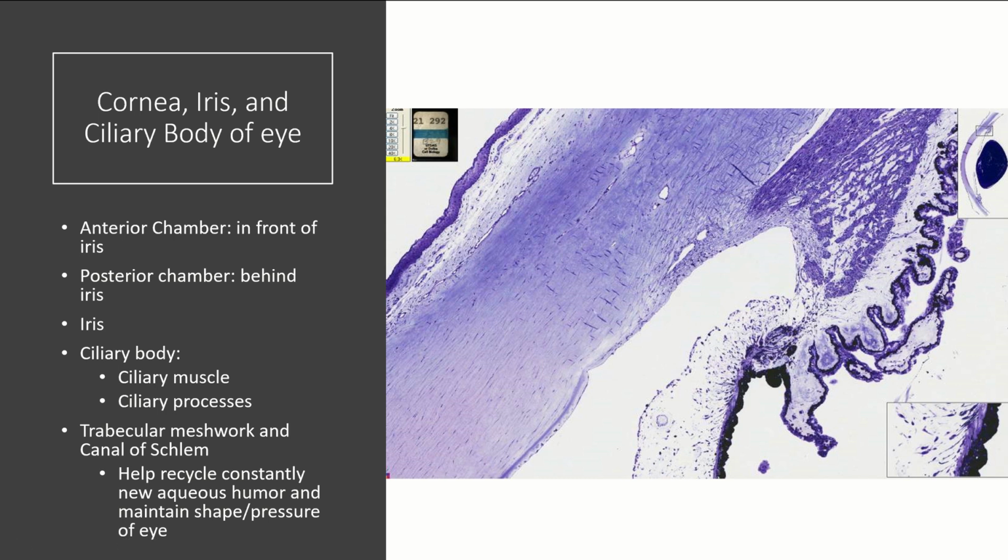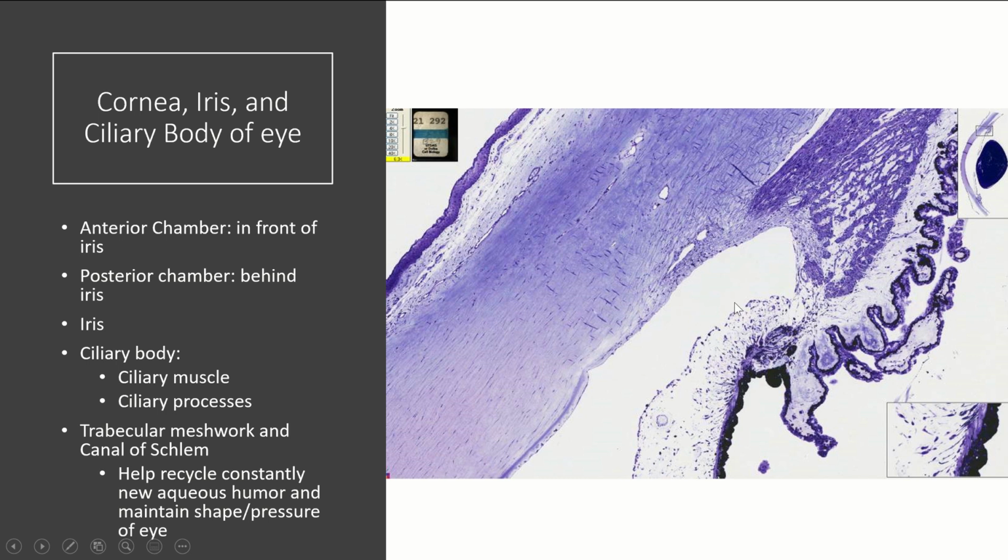Okay, and so another thing that's important is the trabecular meshwork and canal of Schlemm. So the trabecular meshwork is kind of this gate right here that you see, this kind of thing of connective tissue and everything, and then the canals of Schlemm are these right here, and the canals of Schlemm are what's going to allow this aqueous humor from the anterior chamber to drain out of the inside of the eye.